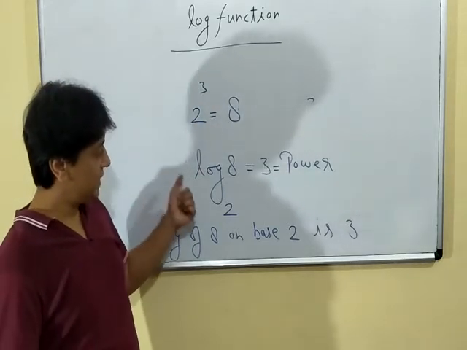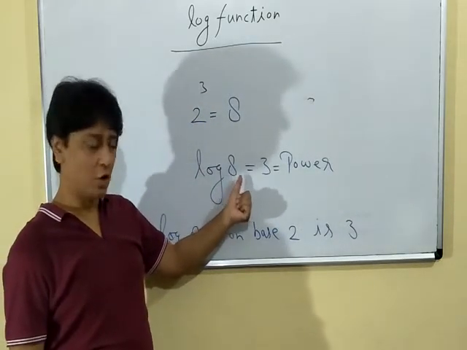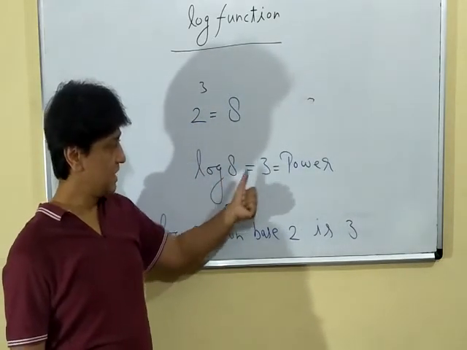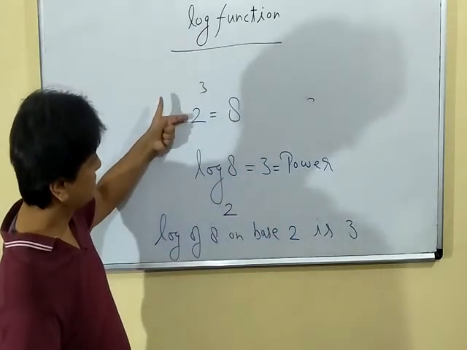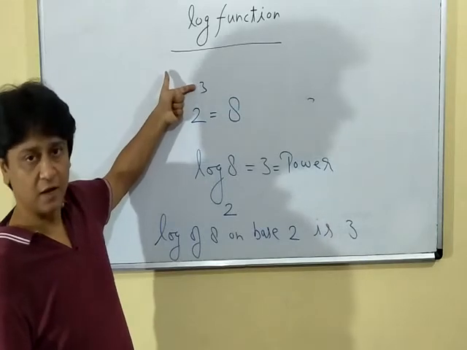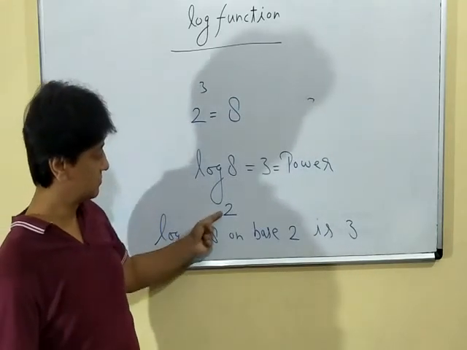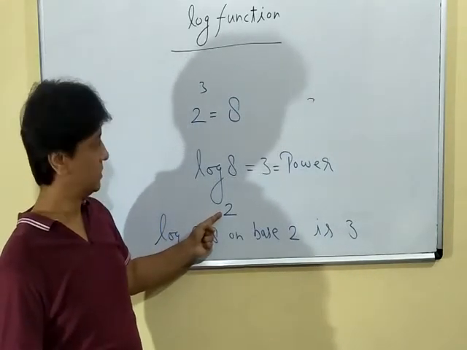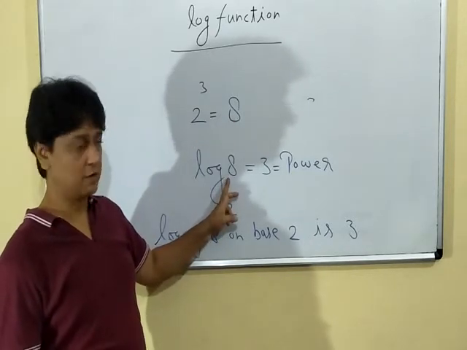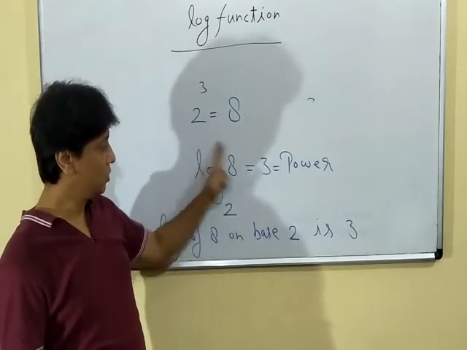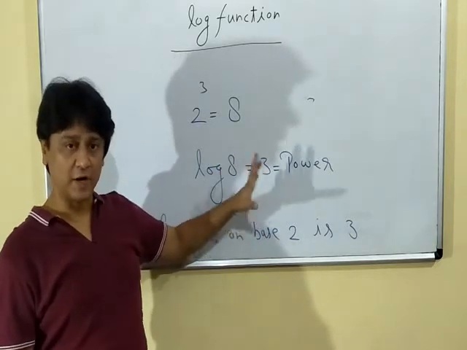So when you write log of 8 on base 2 is equal to 3, इसका मतलब क्या हुआ करता है? जिस पर आपने पावर रेज की है, that is base. जो प्रोडक्ट आएगा, that will be here. And the whole thing is equal to what? 3.